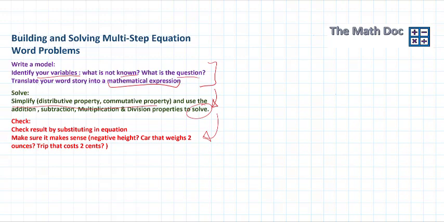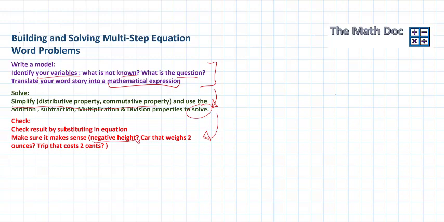But then, because these are real world problems, we can actually look at the result and ask ourselves if it makes sense. If we were supposed to figure out the average height of a class, well, if we get a negative number, then obviously that is not good. Or if we had to calculate what the average weight of a car is, and we got something like 2 ounces, we know that too is not correct.